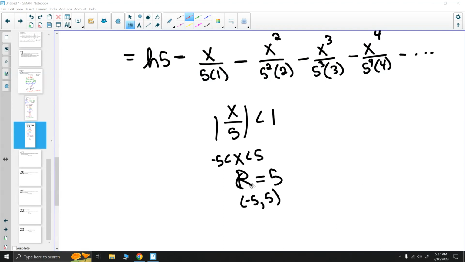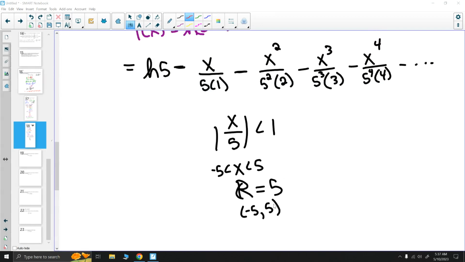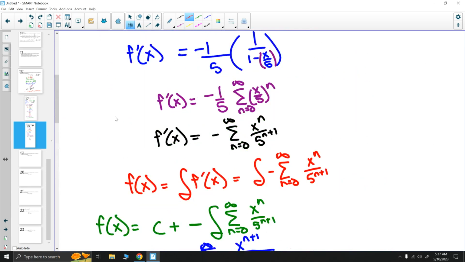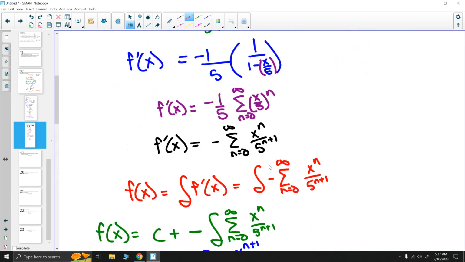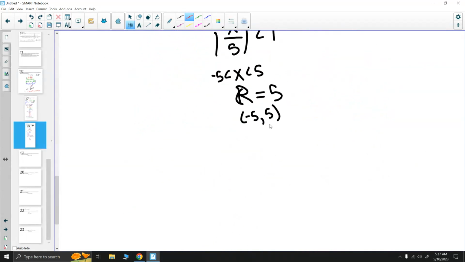Okay, so now that we know the radius of convergence here is 5, we know that it's at least negative 5 to 5. Now, realistically speaking, it's probably not 5 because if we think about it, looking back here, 5 minus 5 is 0, natural log of 0, undefined. So you can't really even include that anyway. But negative 5, it definitely could, potentially. It does exist there.